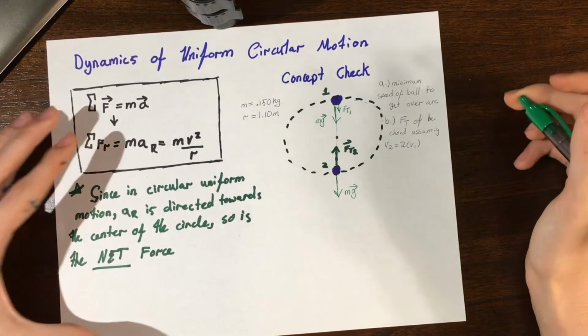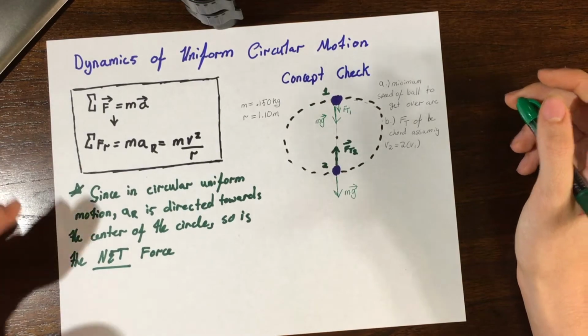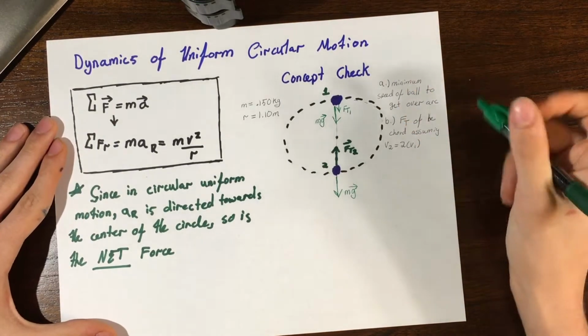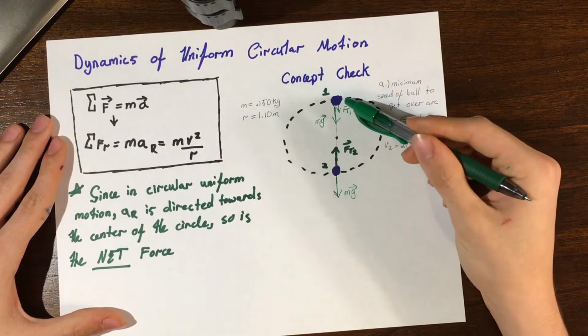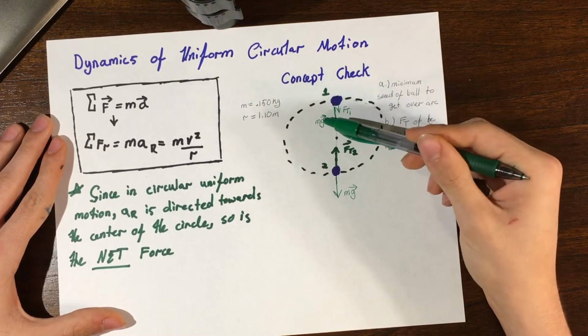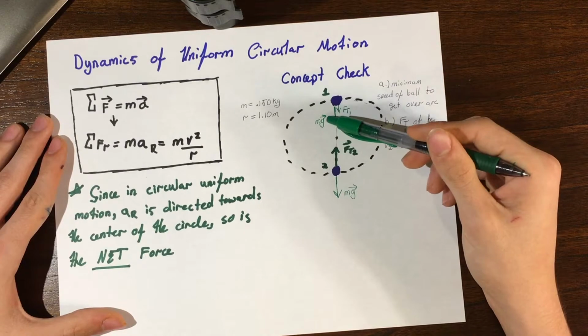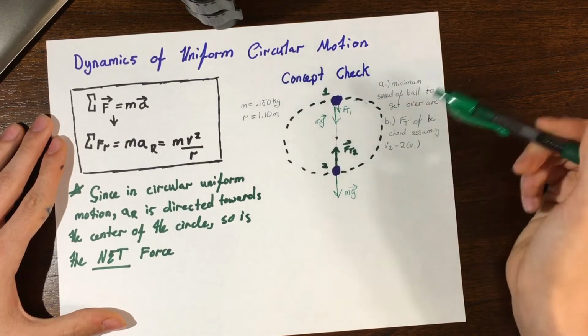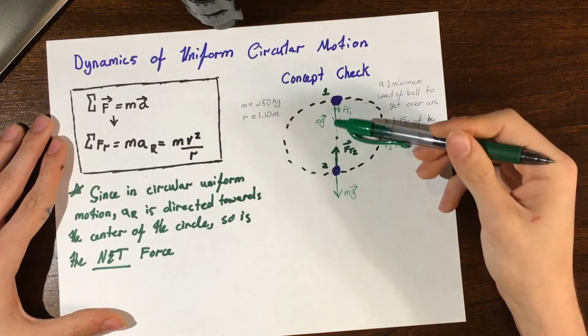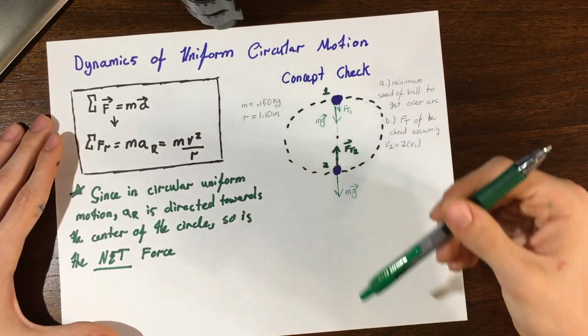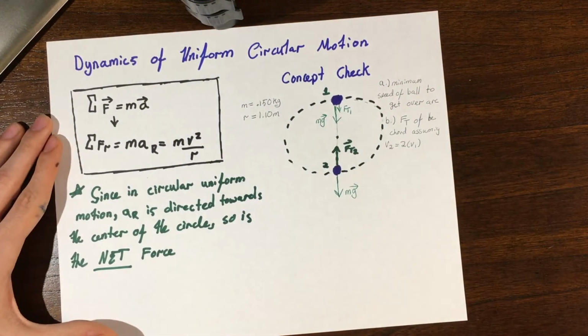As you may remember from our previous videos about force tension, at the top we're going to have a force tension acting towards the center, as well as the force gravity, which is mg. And at the bottom we're going to have the mg and the force tension acting upwards, since force tension always acts towards the center of the circle.